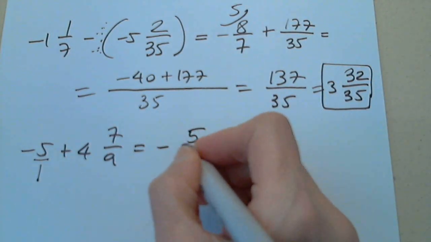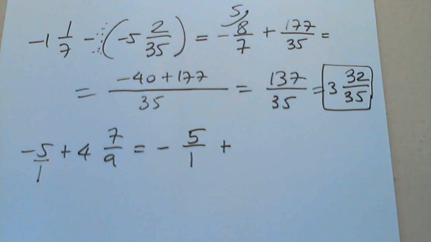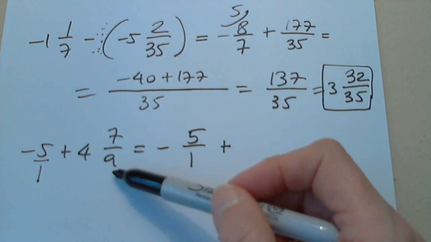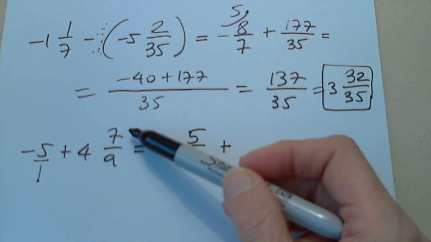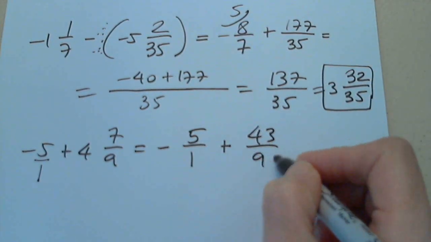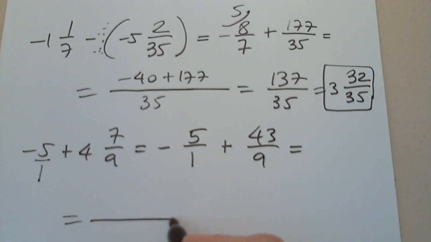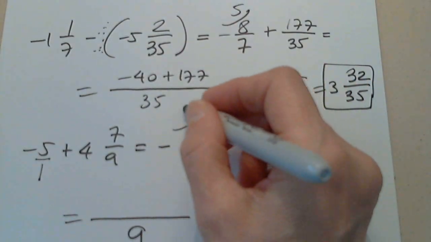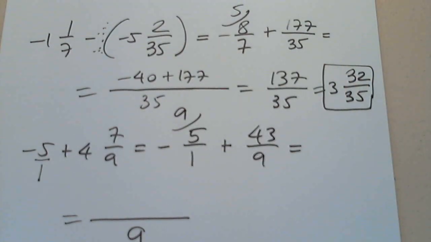So negative 5 over 1 plus 36 plus 7. 36 plus 7 is 43, divided by 9. Easy situation. There is only one denominator actually, and only one numerator needs an adjustment.